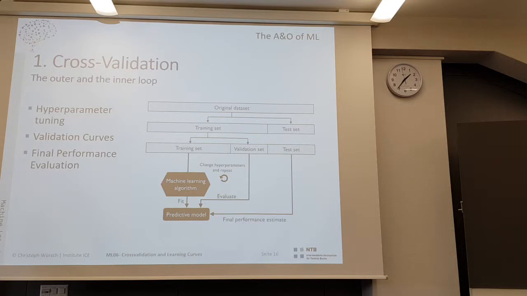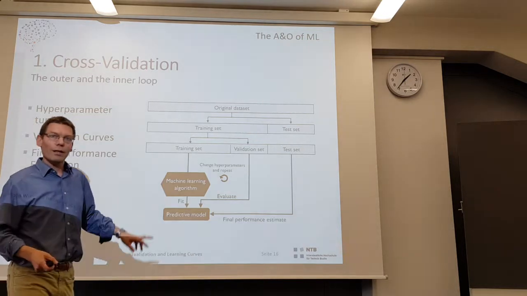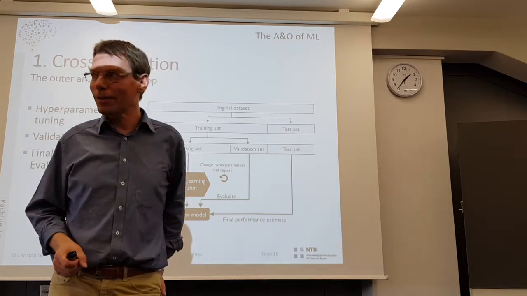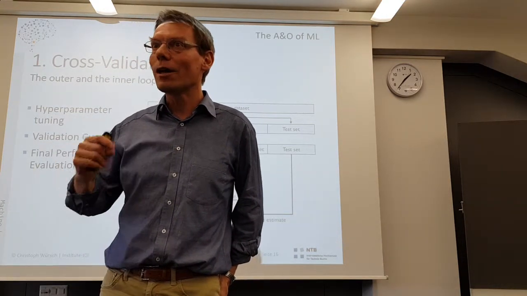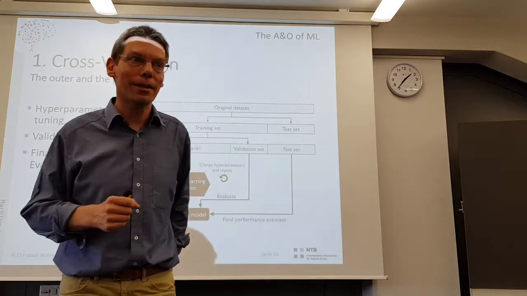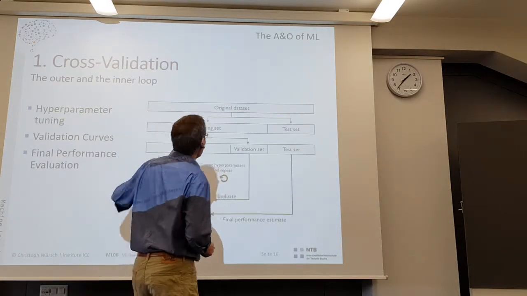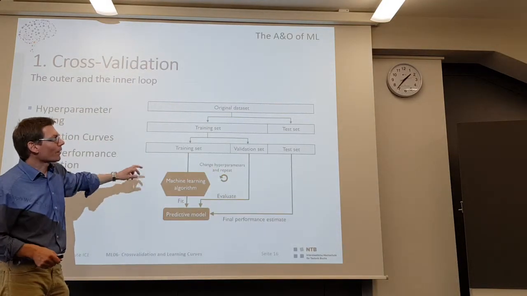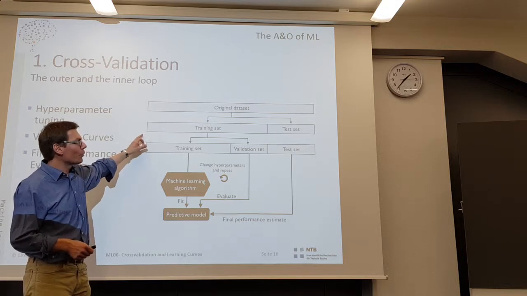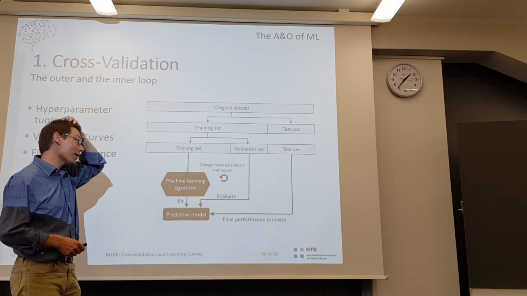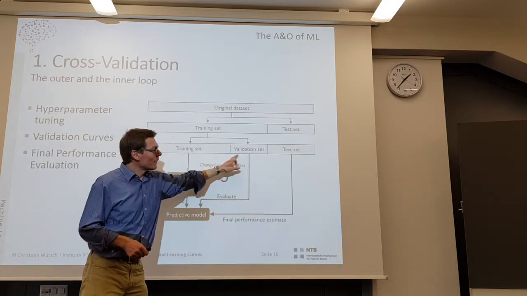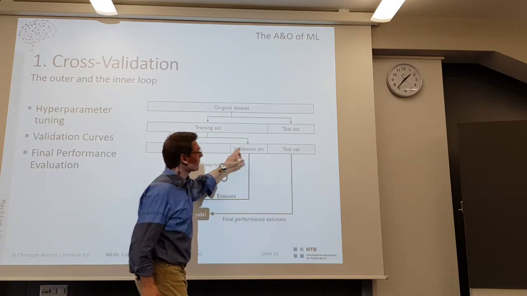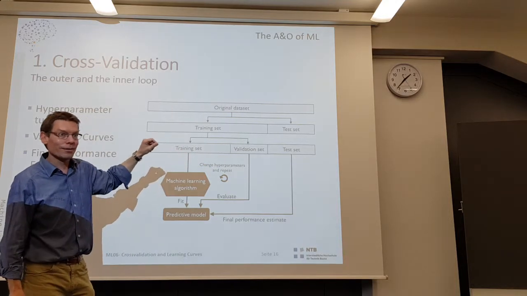Okay, what is cross-validation? I think Tilo told you a little bit about that already in lecture number 3, but we'll go into it in a little more detail. Normally we have a given data set, and it's a good idea to separate it into a test data set and a training data set. And we will never touch the test set until the end.